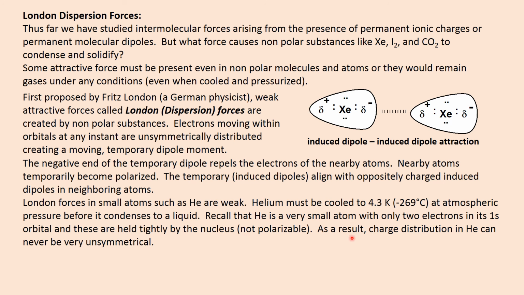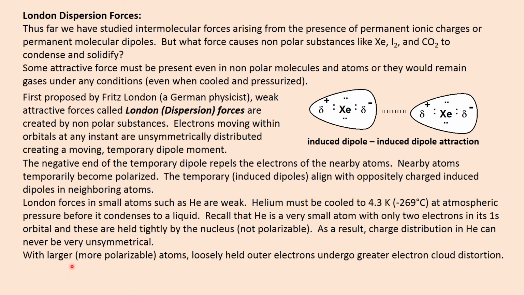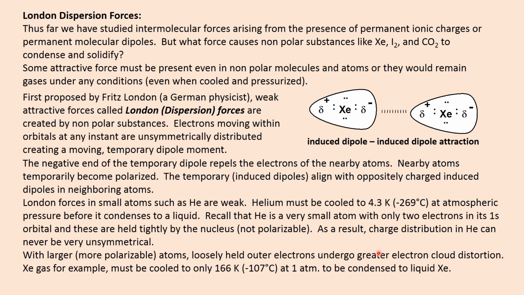As a result, this charge distribution, this temporary dipole, can never be very unsymmetrical. With larger, more polarizable atoms, loosely held outer electrons undergo greater electron cloud distortions. And xenon, for example, can be cooled only to 166 Kelvin at 1 atmosphere, and then it can be condensed to liquid xenon.